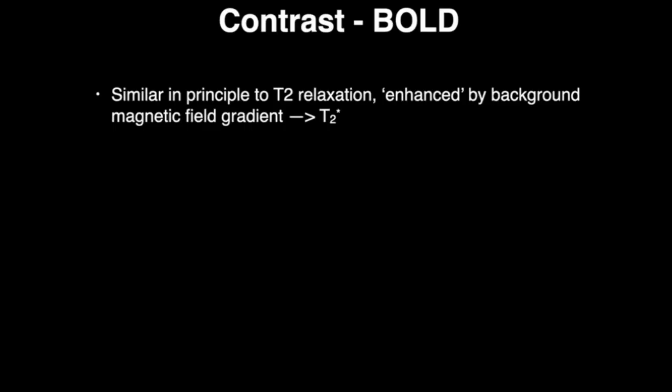So with natural T2, you're looking at maybe the difference between the environment in one organelle in your cell versus another organelle. These are not what we'd consider large in the grand scheme of things. But what we're looking at with BOLD here are the gradients inside of the blood vessels versus outside.